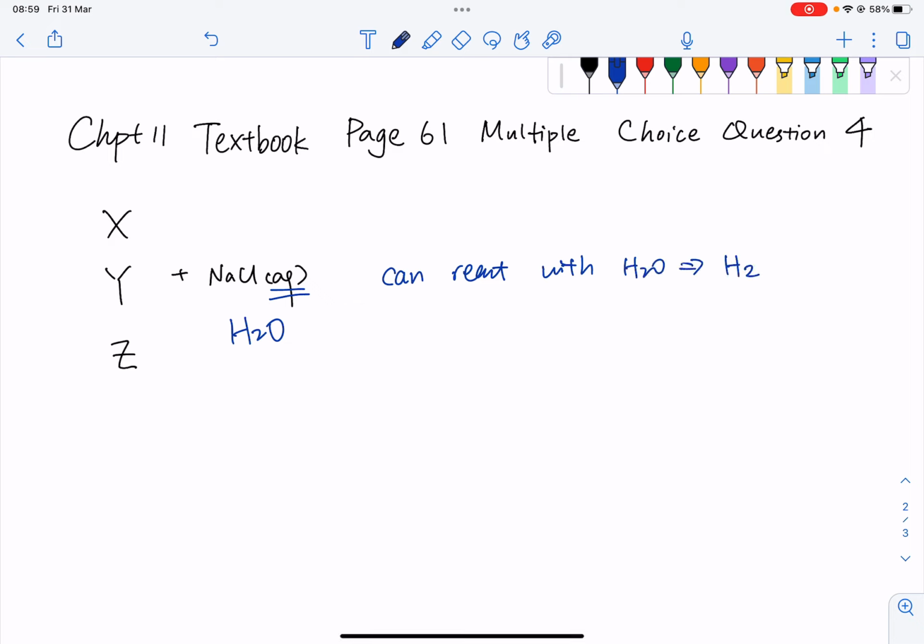Remember, what is the word equation for adding water into it, the cold water? It should be metal oxide plus hydrogen, right? Alright, then take a look at the second sentence. When each of their oxides is heated strongly, one of the oxides, X, gives a colorless gas.